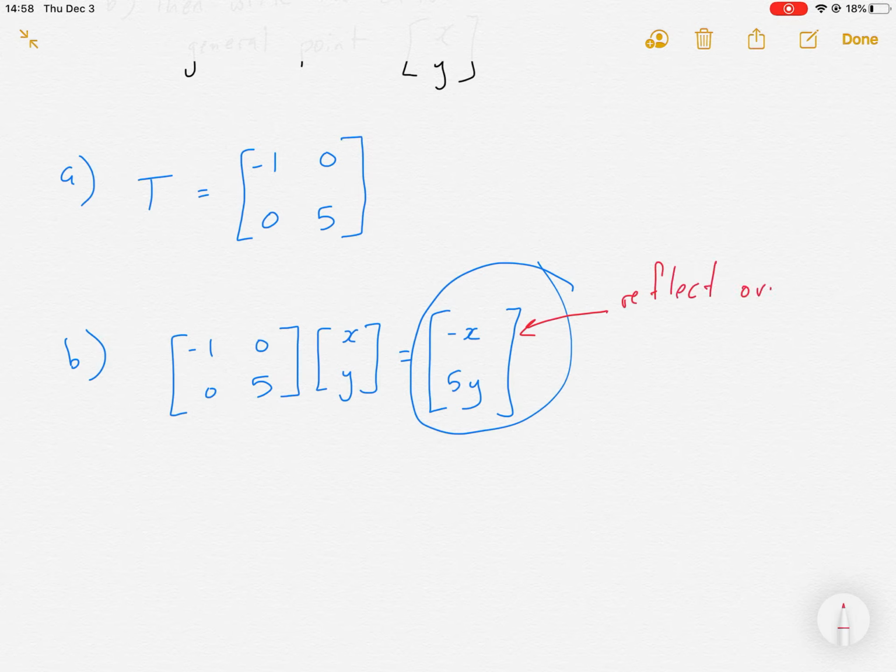And since it's changing the x value, it's going to reflect over the y-axis. And then that 5y is just going to multiply any y values, so that will in fact be a dilation, or a stretch in this case, by 5 in the y direction.